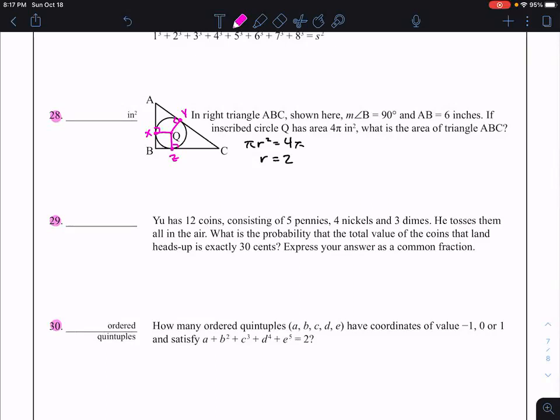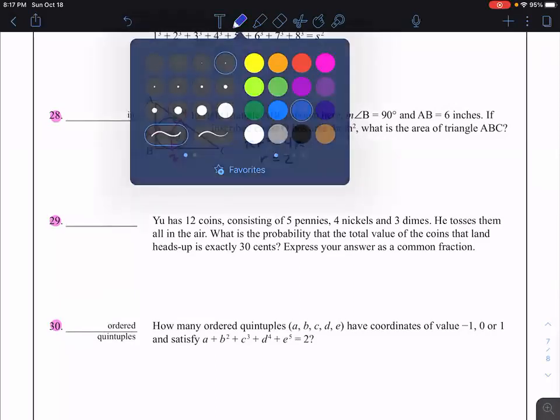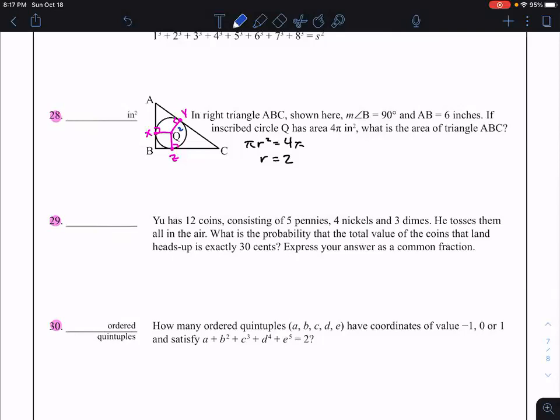Okay, so our radius is 2, and now we want to find the side lengths of this triangle.